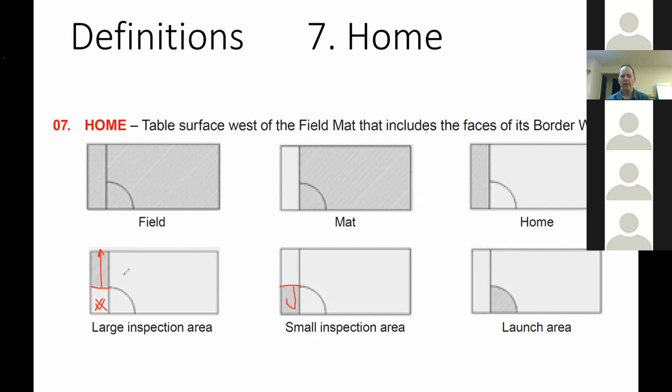So the inspection area only penalizes you, small versus large, for having large things or lots of things, but it doesn't restrict you to that area for your subsequent setup, preparation and execution of the match.